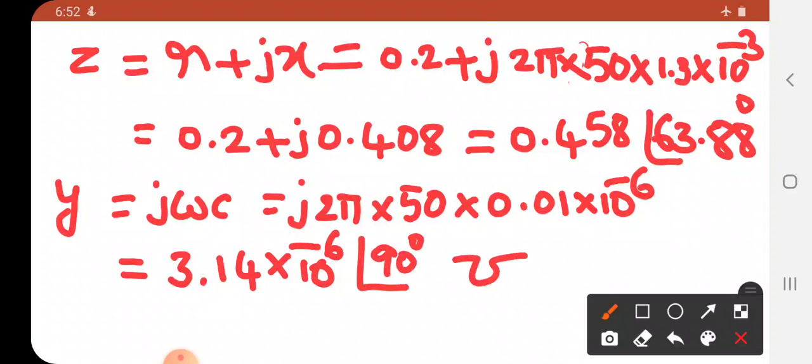And then what is characteristic impedance? Characteristic impedance, that is ZC, what is the equation for ZC?